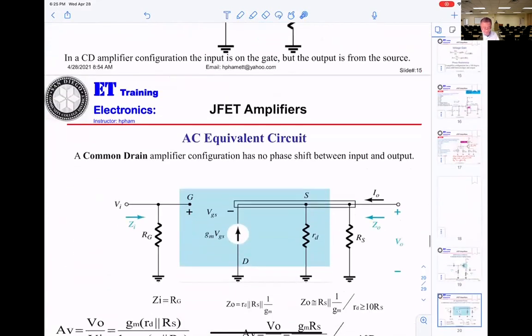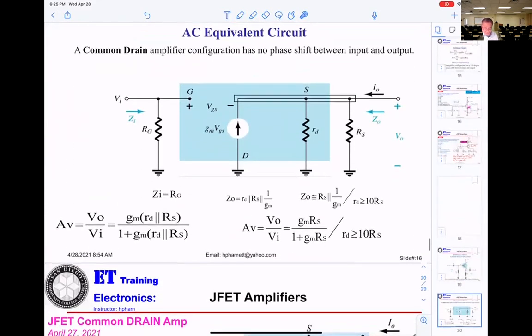Okay, now this is the AC model. I gave it to you. This is inside, the JFET. And you see on that one, they have a small d. This comes from a document of one of the universities, so we don't care about the small d.